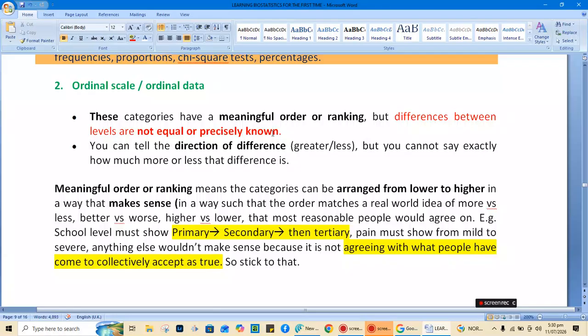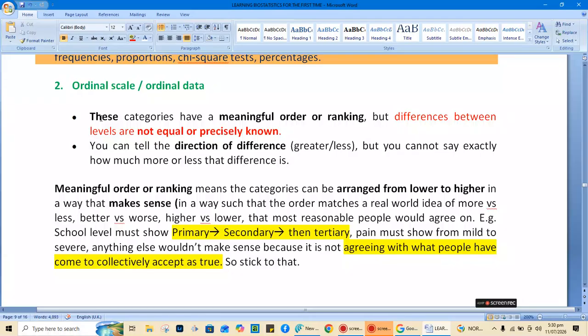You can't start with secondary, then you move to primary, then tertiary, or tertiary, secondary, primary. It does not agree with what people know to be true in society. So in short, with ordinal data, you write your data in a way that shows an agreement with what society agrees to be true.